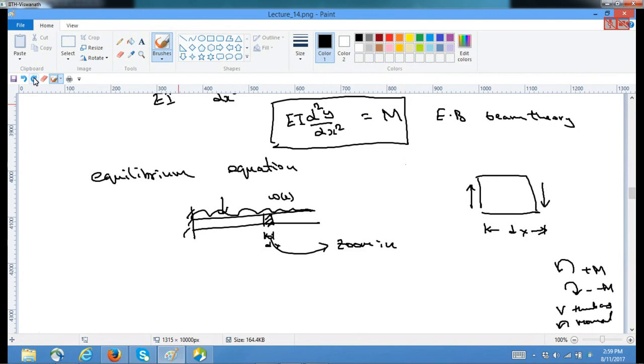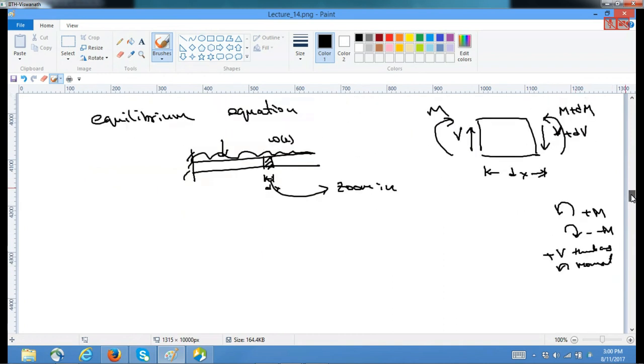Okay, let me put it the other way around. So this is okay, we can just leave it as it is. It doesn't hurt. So let me call it V. But this is still the notation. So this is V, this is V plus dV. This is M, and this would be M plus dM. The notations are still the same. You can choose one notation and keep continuing that notation all throughout. You have to be consistent with your notation. So we choose this as our notation.